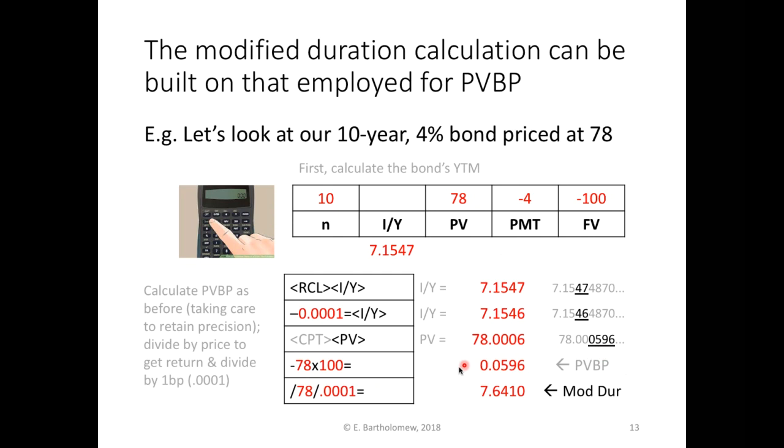So just repeat that and you get the PVBP. And then the only thing you do extra is you divide by the price and divide by 0.0001 or multiply by 10,000. And that will get you the modified duration for this bond. So it had a PVBP of 0.0596. The modified duration then is 7.641.